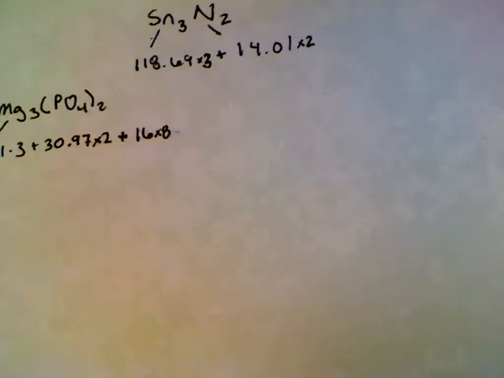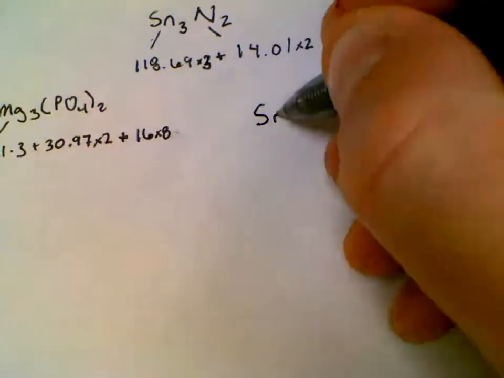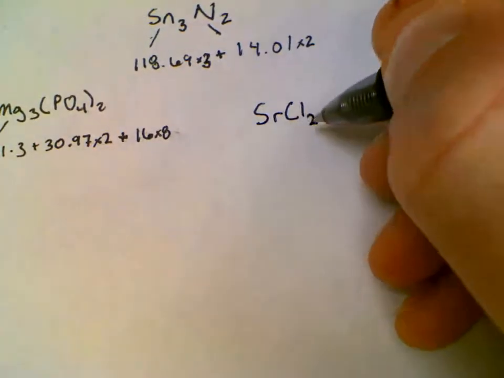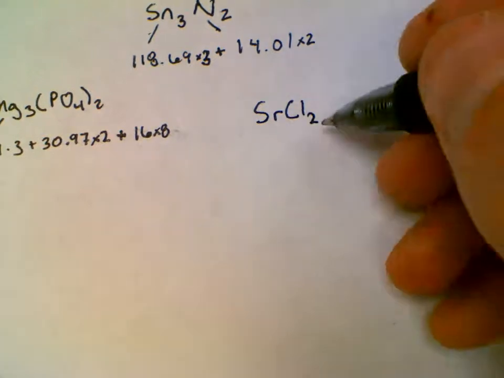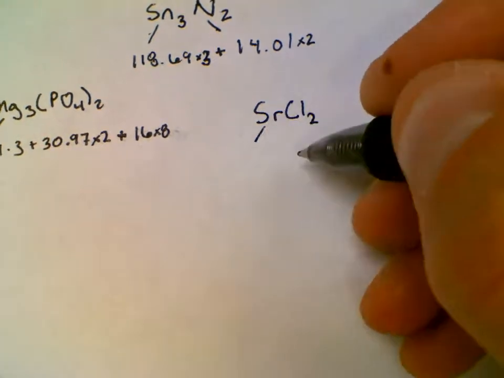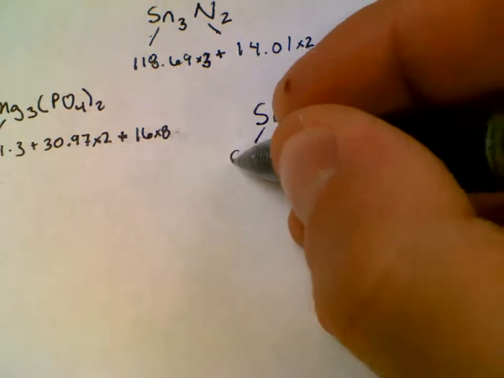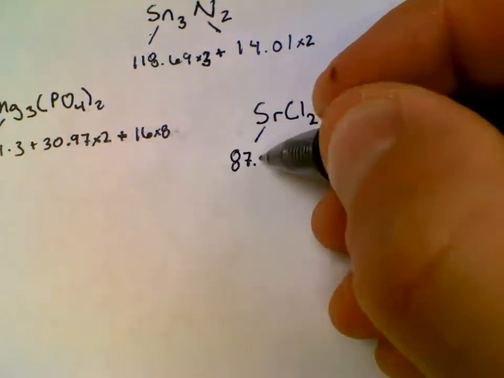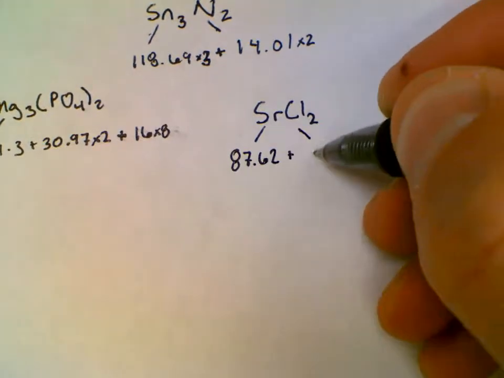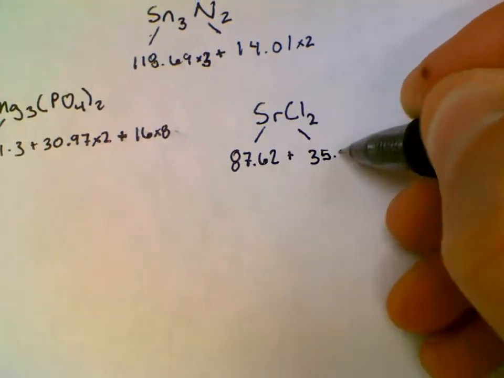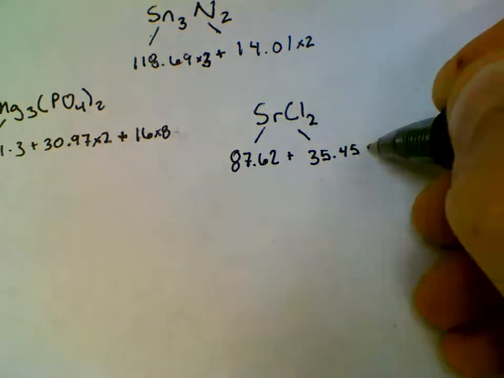Strontium chloride. We have 1 copy of strontium, 2 copies of chlorine. Hopefully that's straightforward. There's no subscript, which implies 1, and 2 copies of chlorine. Strontium, my periodic table says is 87.62. Since there's only 1 copy, I just need to add that to chlorine, which my periodic table says is 35.45 times 2.